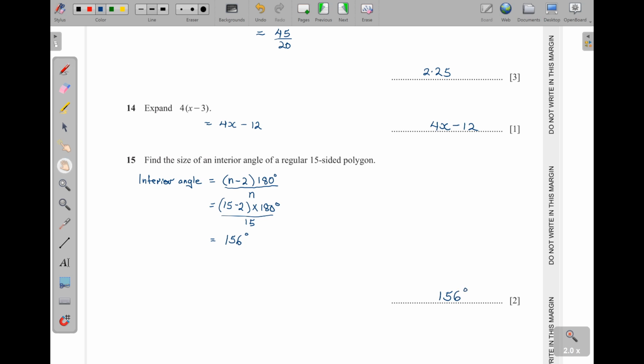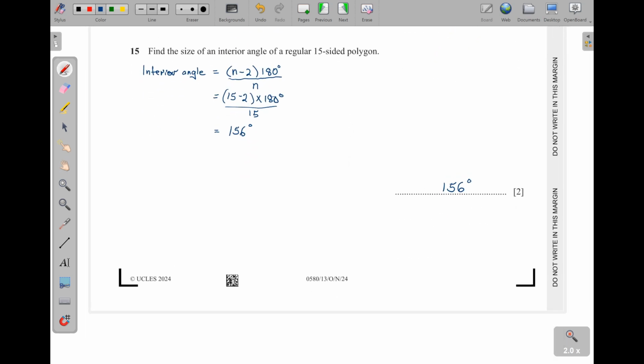That is one way. Another way, alternatively, you can begin by finding the exterior angle. The exterior angle of a regular polygon is equal to 360 degrees divided by n. So here we shall get 360 degrees divided by 15.